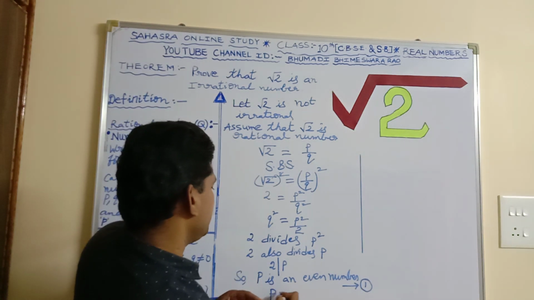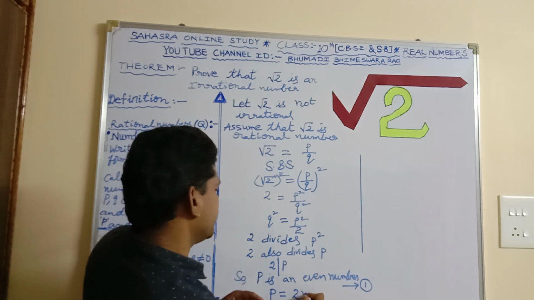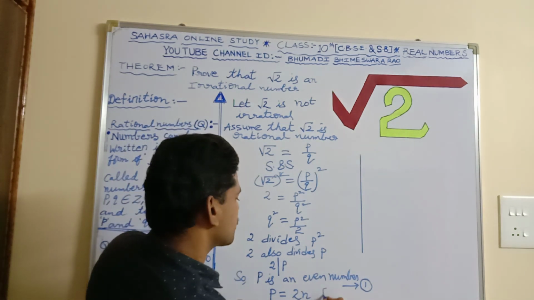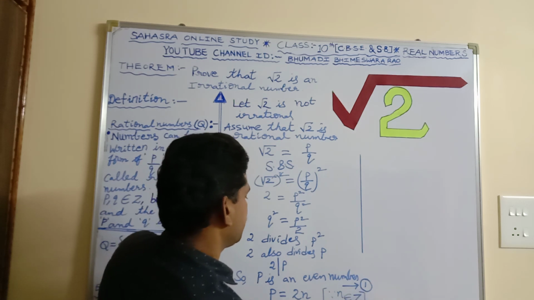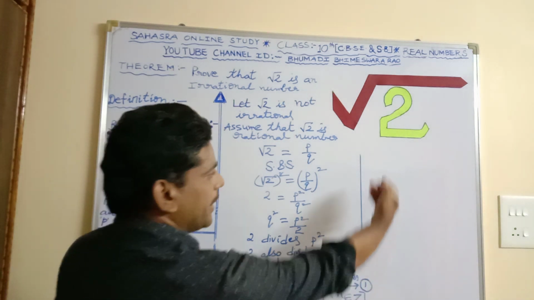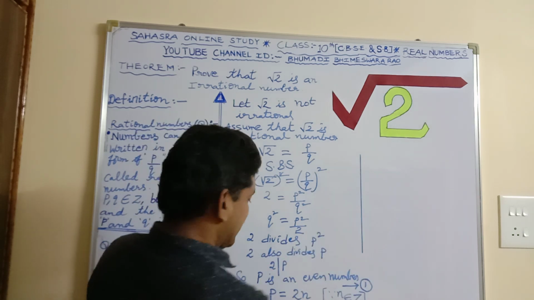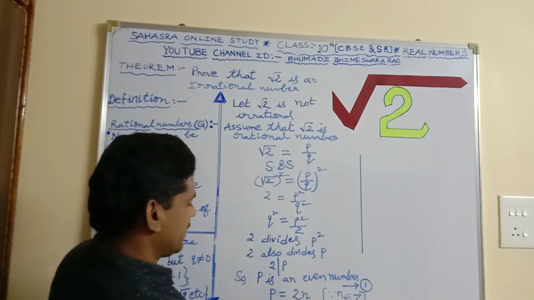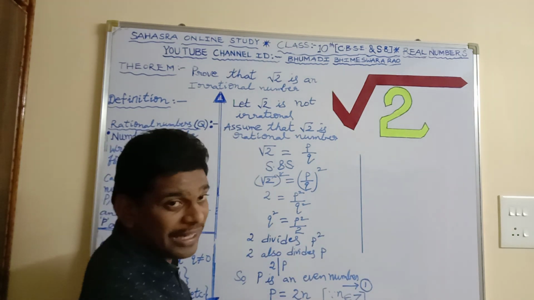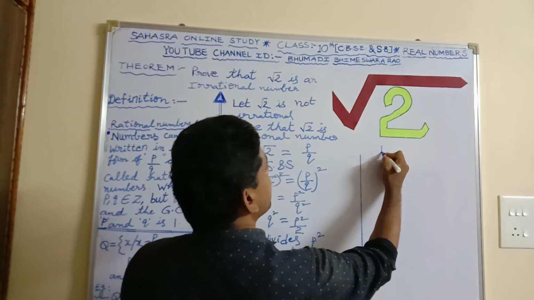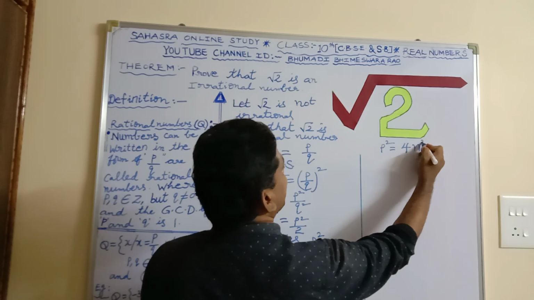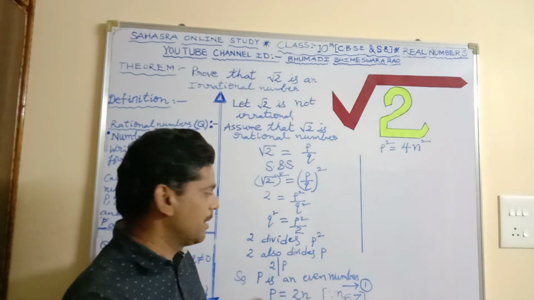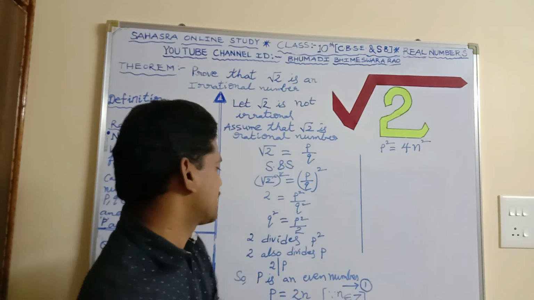Write it: p equal to 2n, where n belongs to the integers Z. Let it be continued from here. So, squaring on both sides again, you will get p square equal to 4n square. Understand? p square is equal to 4n square.